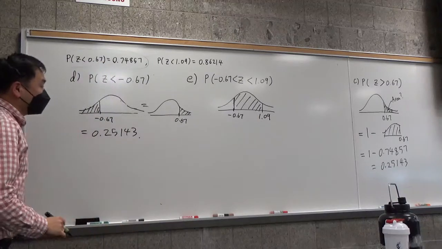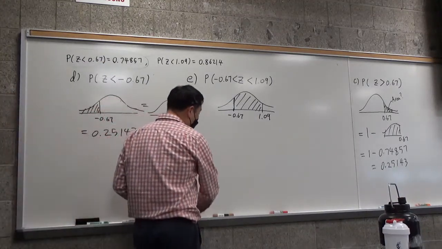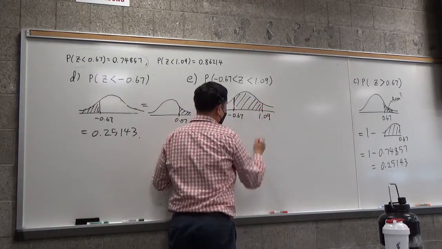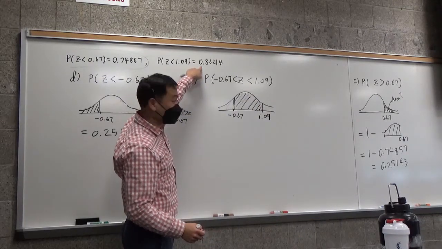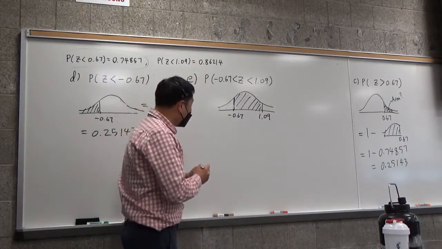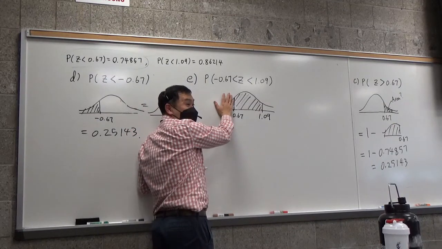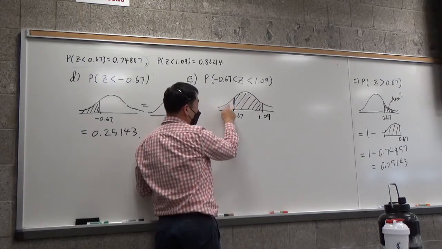Now think about some areas that you already know that's relevant to this. For one, I know this area. It's this one, right? 0.86214. And then from here, if I can take away this much, I get the black shaded area, don't you think? So we just have to take this much and take away.